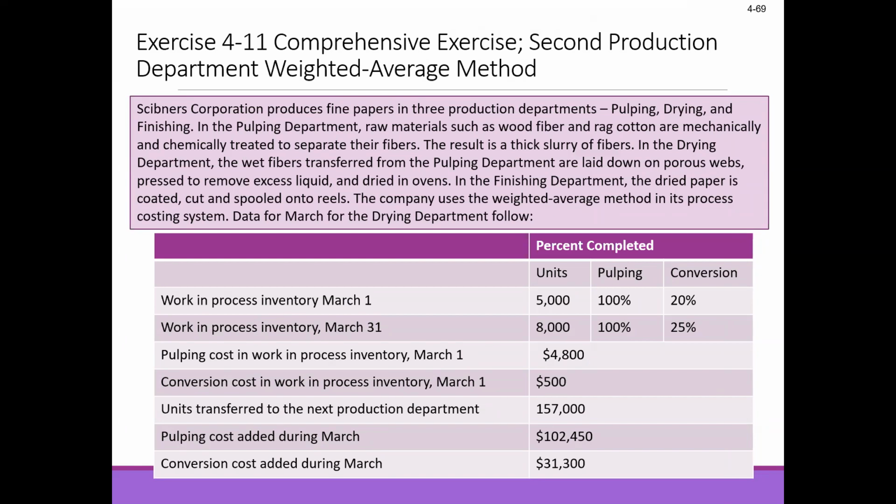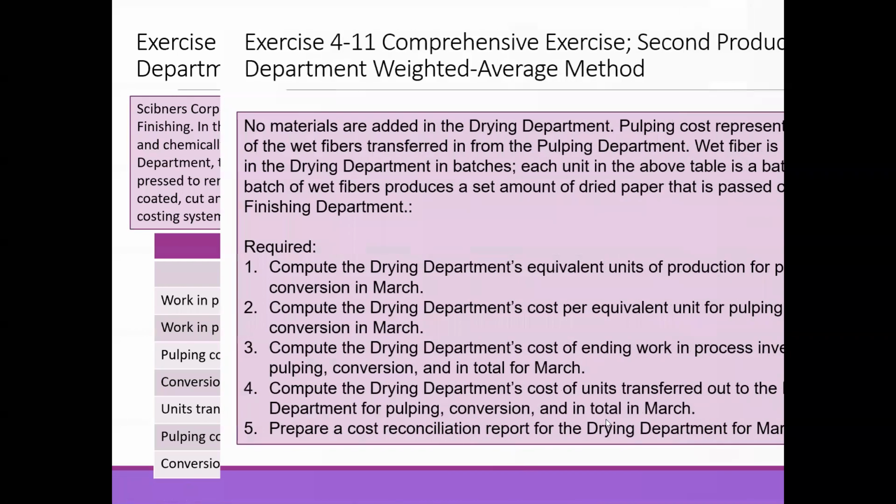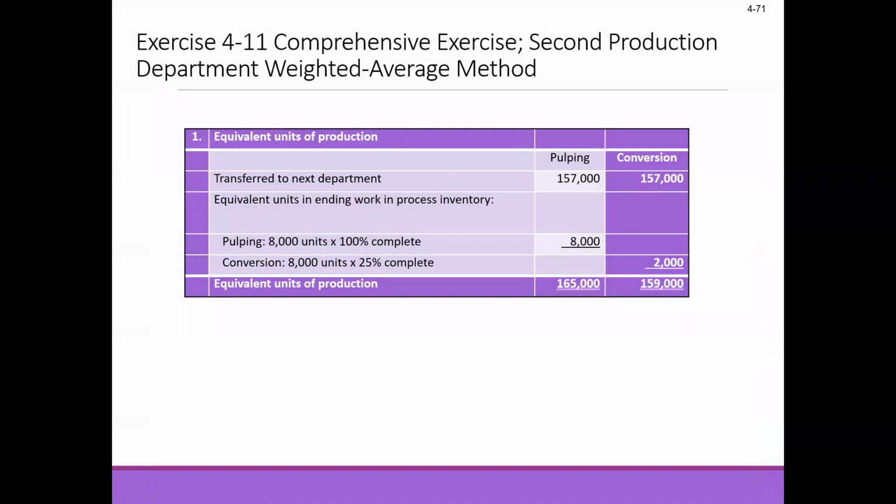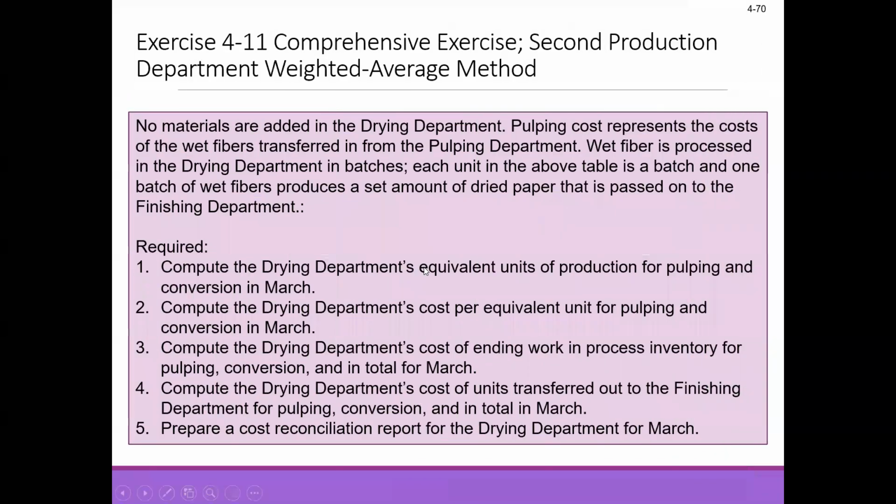We transferred 157,000 units to the next department, right here. Then we have pulping, 8,000 units at 100% complete. Conversion, 8,000 units at 25% complete.